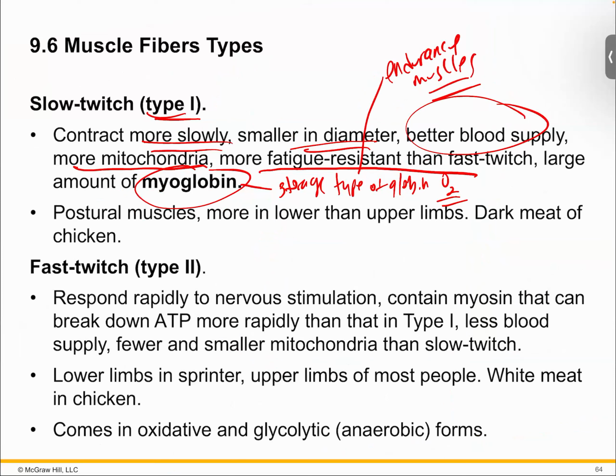Myoglobin is much greedier, has a greater affinity for oxygen. So when it grabs on to oxygen, it hangs on to it and doesn't let it go, which is the reason why your blood is not made up of myoglobin, it's made up of hemoglobin. But tissues that need to store oxygen oftentimes will have myoglobin, because myoglobin will grab onto the oxygen and hang on to it. And so that'll be like a reservoir of oxygen in there.